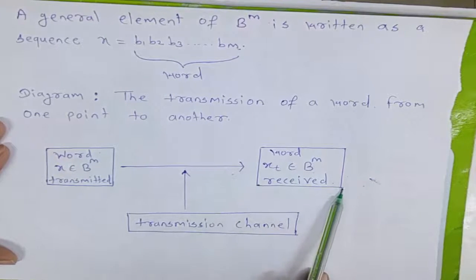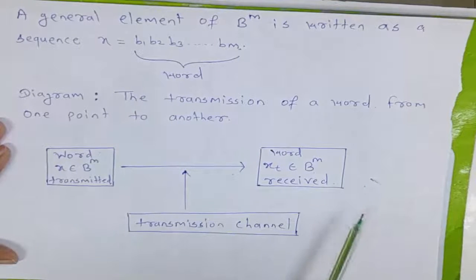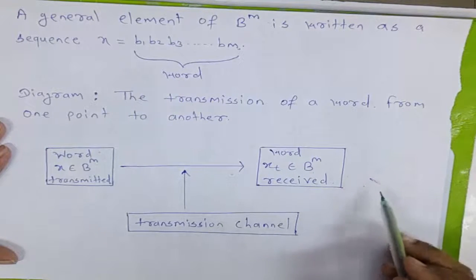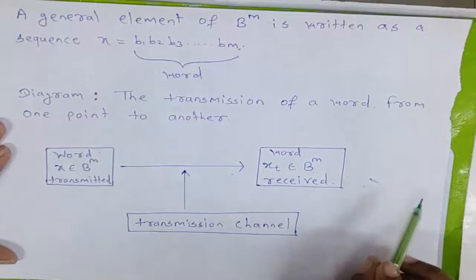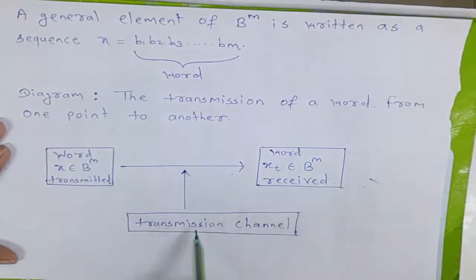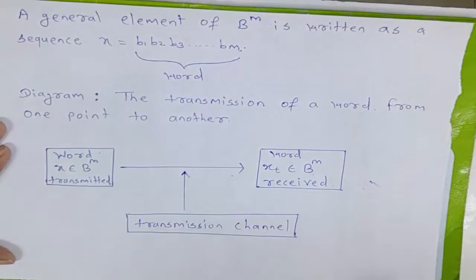Okay, so this is the answer for the question: how to send or transmit a word from one point to another through a transmission channel. Okay, all of you get it, this diagram?